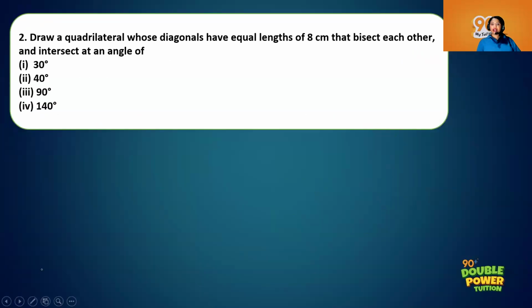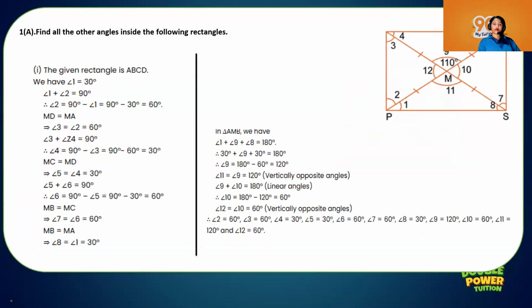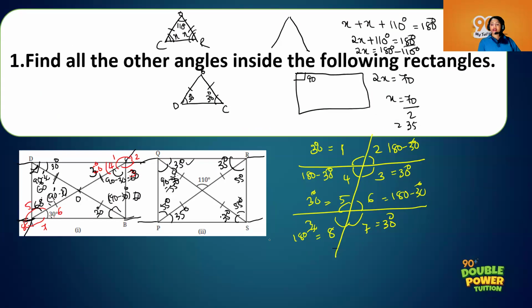Draw a quadrilateral whose diagonals have equal lengths of 8 cm and bisect each other and intersect at an angle of dash. Ma'am, can you show the previous slide?